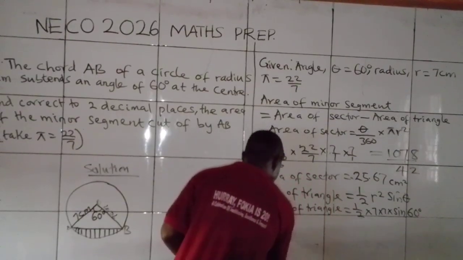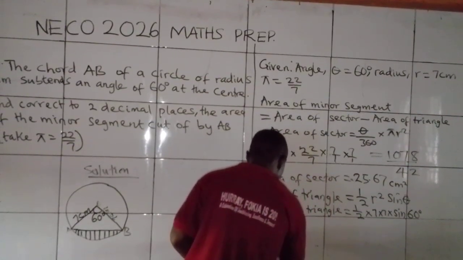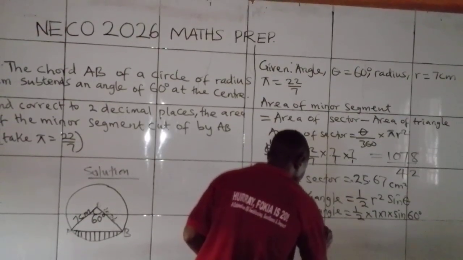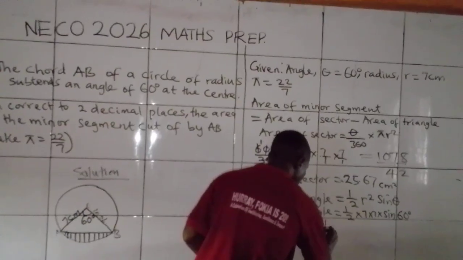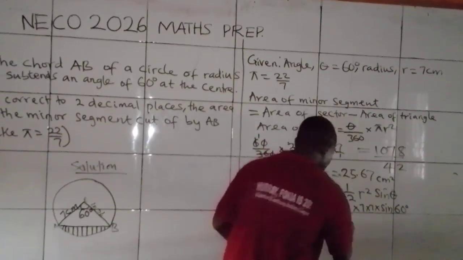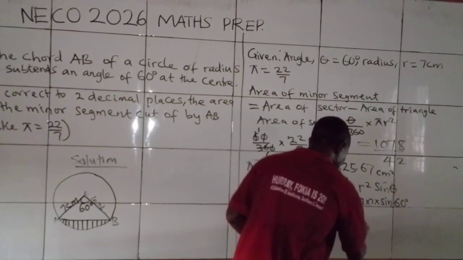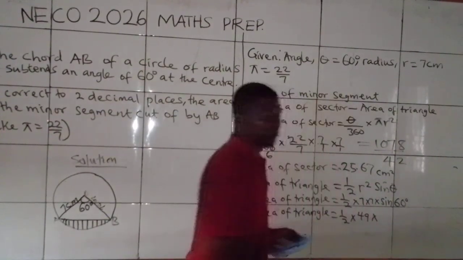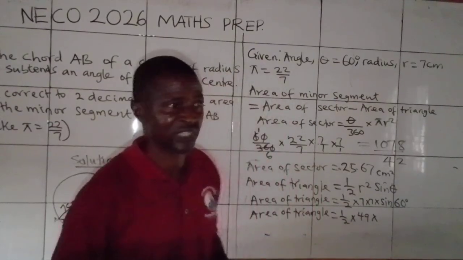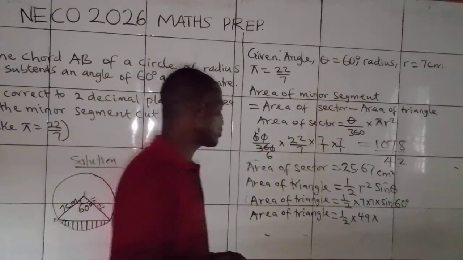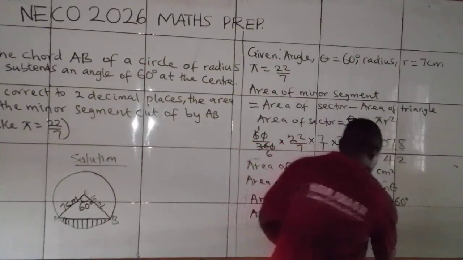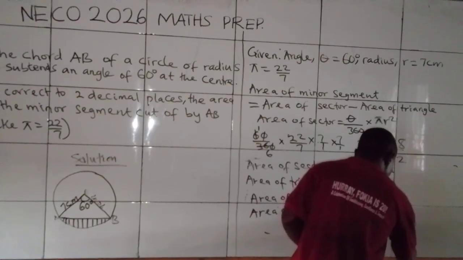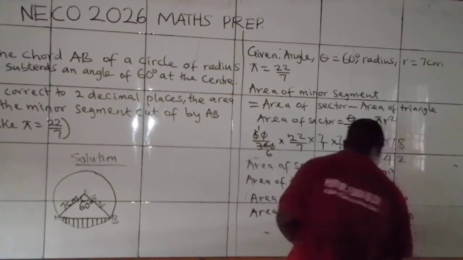We now have area of triangle is equal to half times 49 times, now sine 60 degrees is equal to 0.8660.